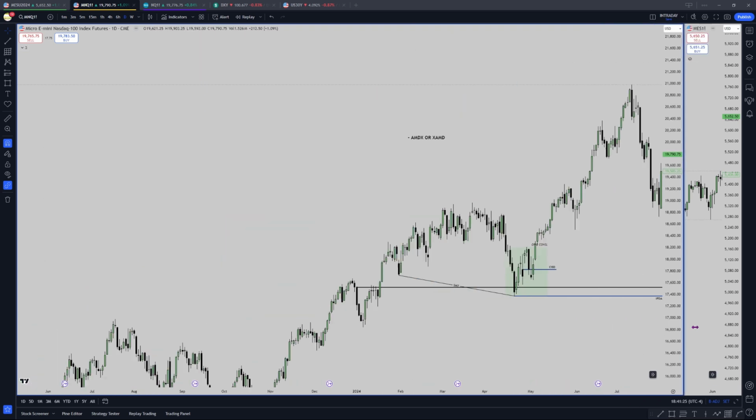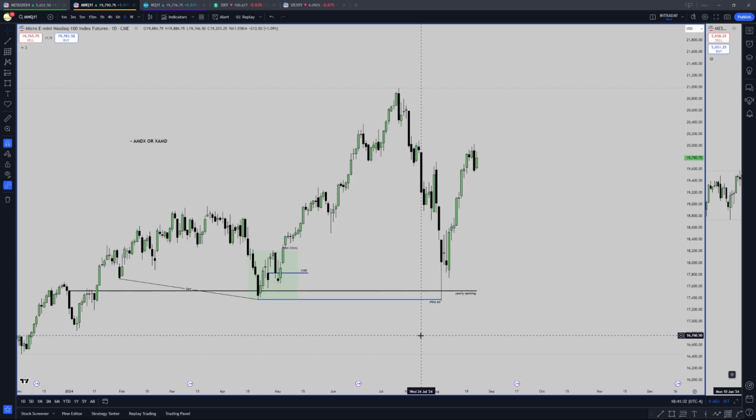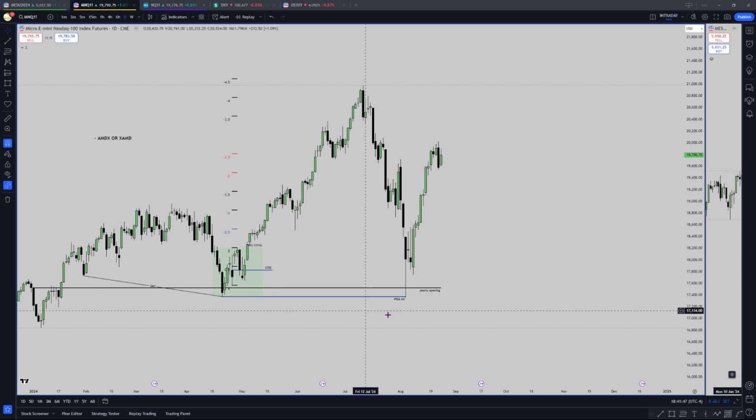Yeah, I trade futures. So we get this daily change in the state of delivery down here. So what I do is when we get this change in the state of delivery, with an SMT at a key level, I take my fib from this low to this high and I draw a standard deviation.